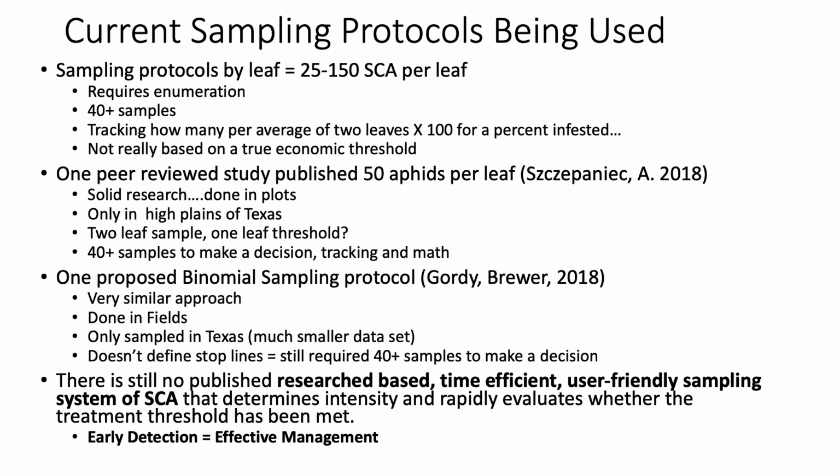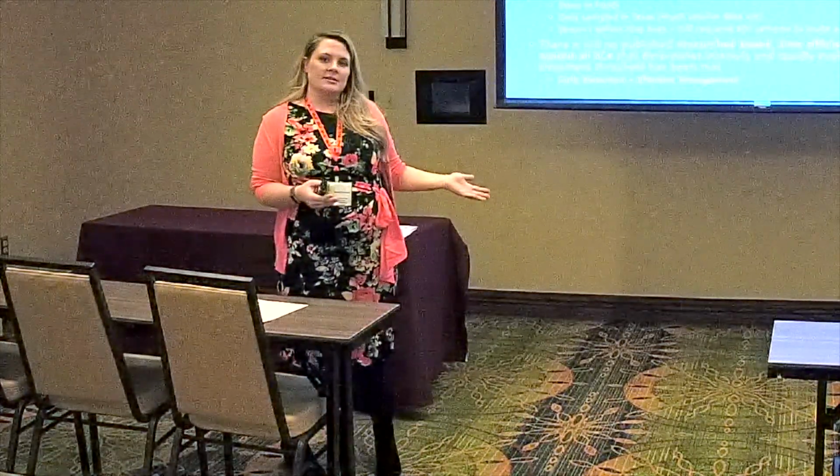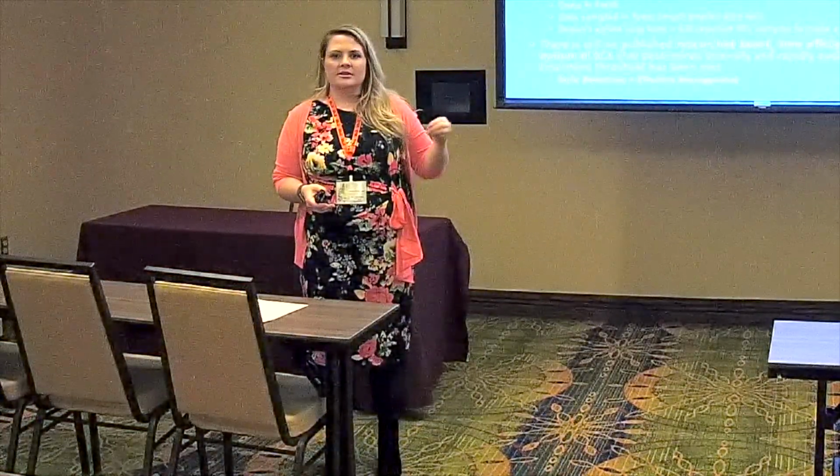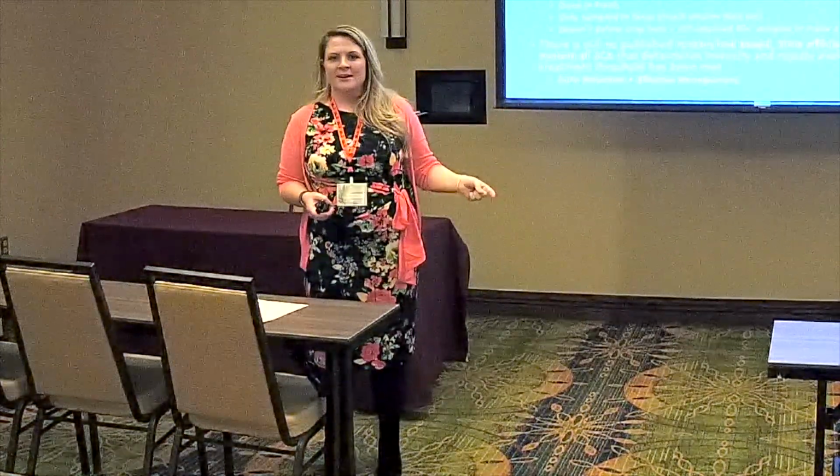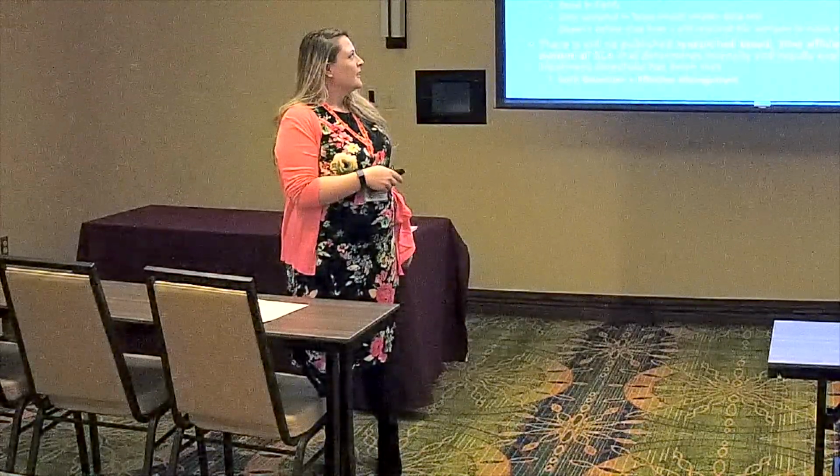And when you were trying to sample that way, what you'd have to do is take 40 plus samples where you would keep track of how many aphids were on each of the 2 leaves that you sampled, which was an upper and a lower, on 40 plus plants, and then you add those all together, divide it by how many samples you took, and then times it by 100 to see if you were in some sort of percentage or if you just took an average per leaf and it fell somewhere in these largely observational thresholds that were set during that time.